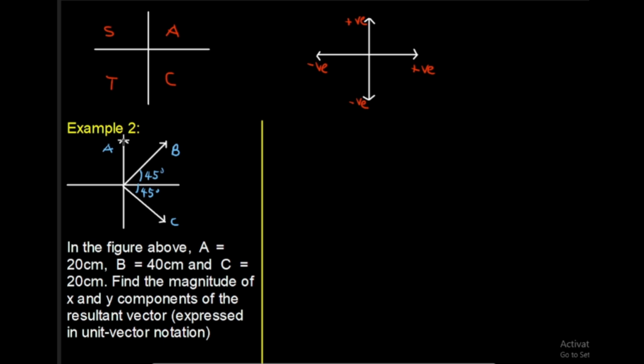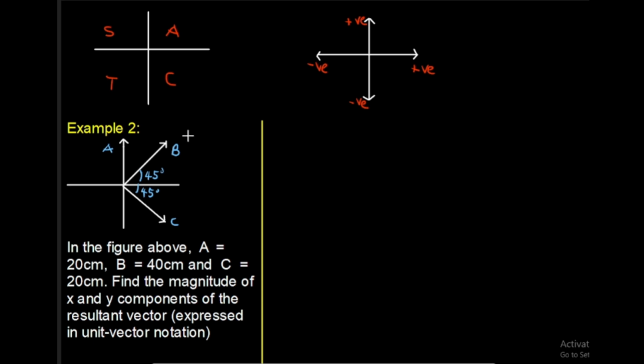So basically, you can take the horizontal component first, resolve all of them horizontally, add all the horizontal together. That is the resultant magnitude for x components or horizontal components. You resolve all of them vertically again. That's for vertical components. Get your answer and then add up everything. That will give you the resultant for vertical components. So we're going to do it together.